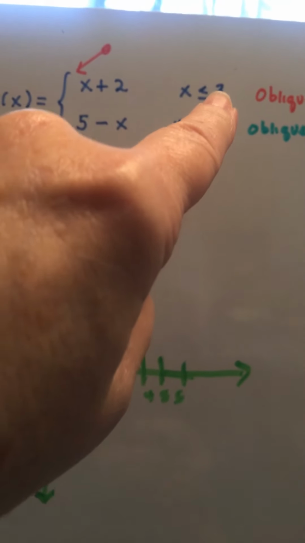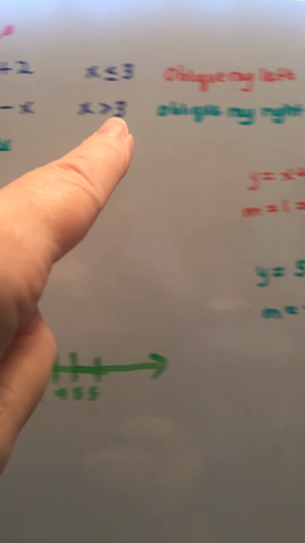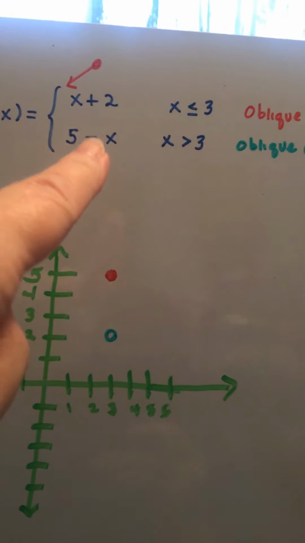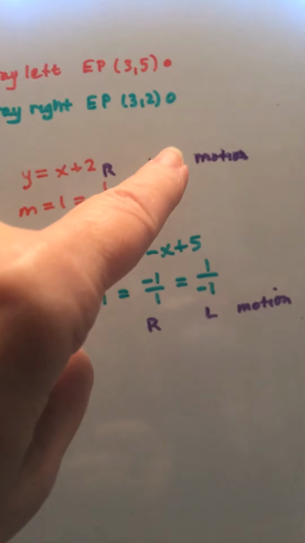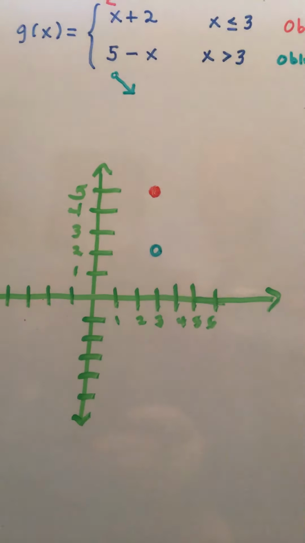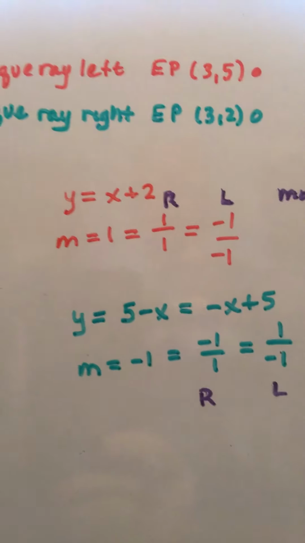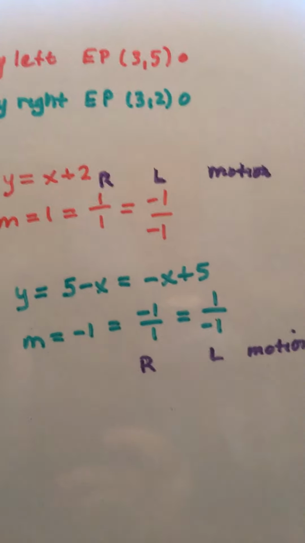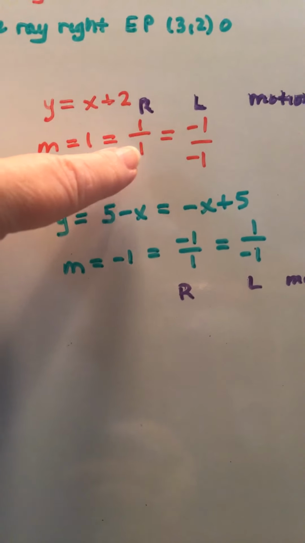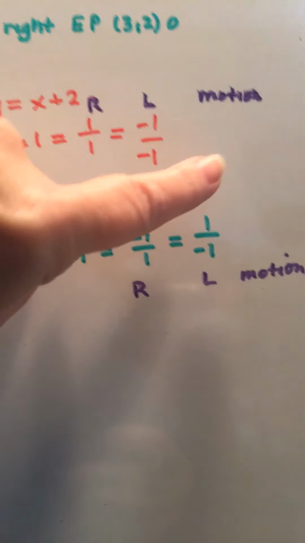What is my endpoint? 3, plug, chug, 5. So I have 3, 5. What is my endpoint? 5 minus 3 is 2, so 3, 2. So on my graph, I've plotted those endpoints. Now I want to graph y equals x plus 2. When I have the bottom being positive, it means I'm moving right.